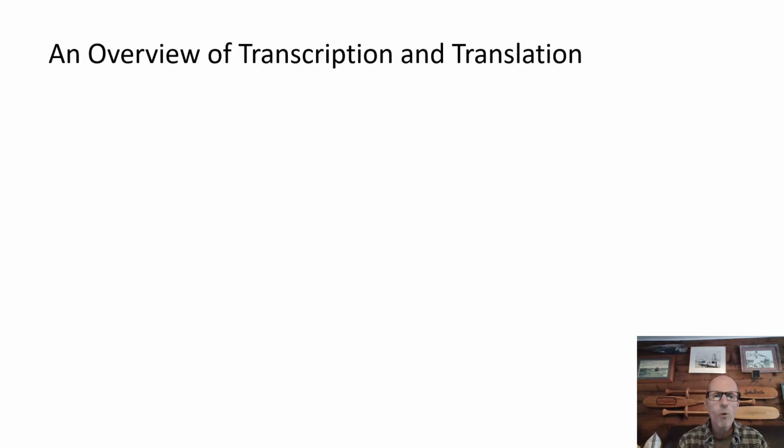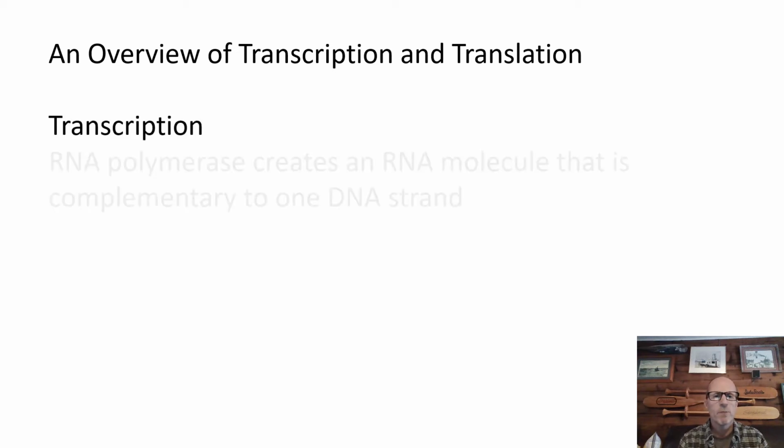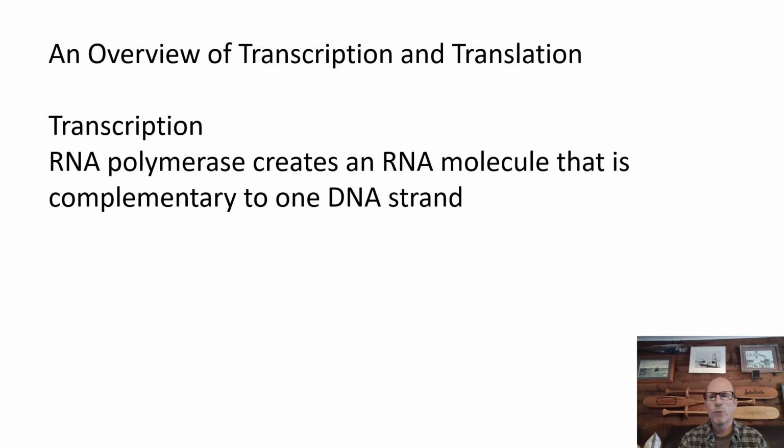So a quick overview of transcription is in order here. We'll also take a look at translation. Remember, transcription is really the production of RNA from the DNA, and this kind of happens in the nucleus before the RNA leaves. An enzyme called RNA polymerase is responsible for reading that DNA molecule and producing the RNA that comes from it.